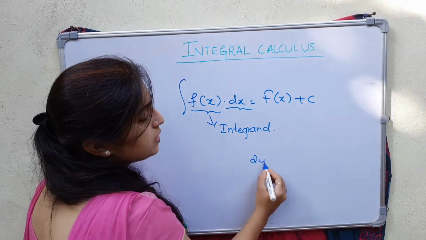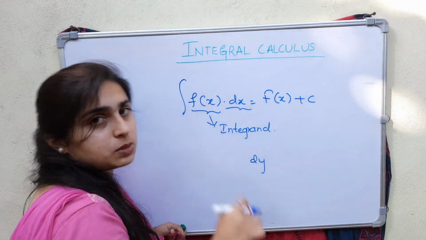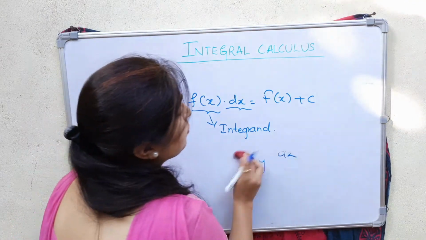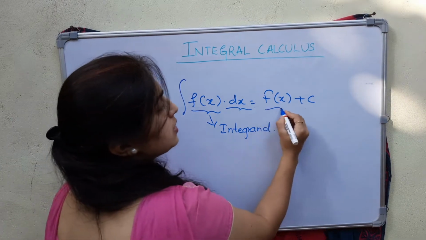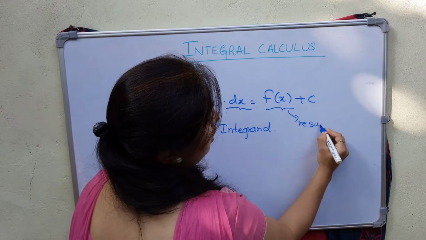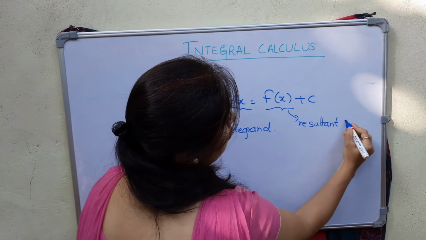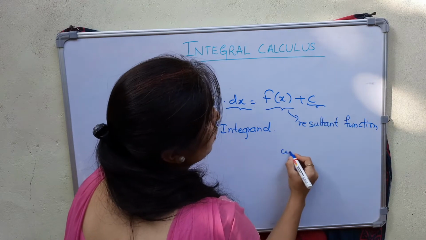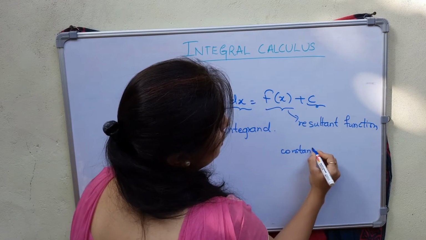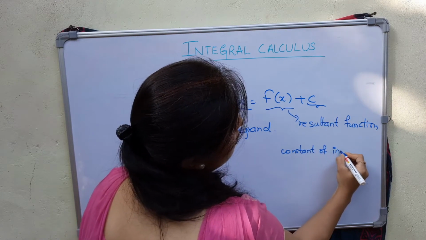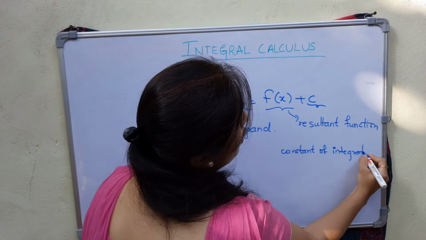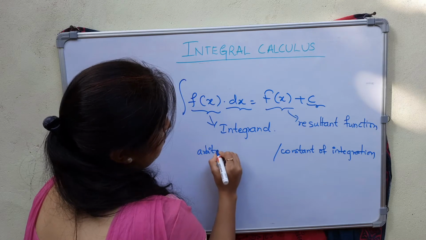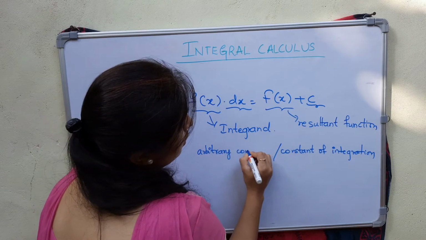If it was dy, it means with respect to y. dz means with respect to z. F of x is the resultant function, and c is the constant of integration, also known as the arbitrary constant.